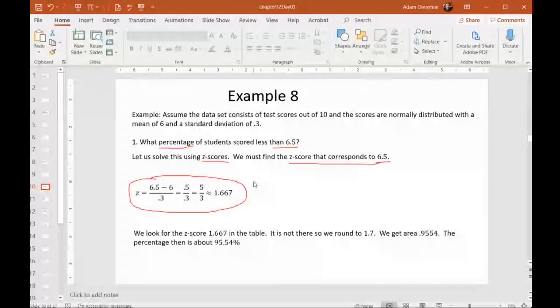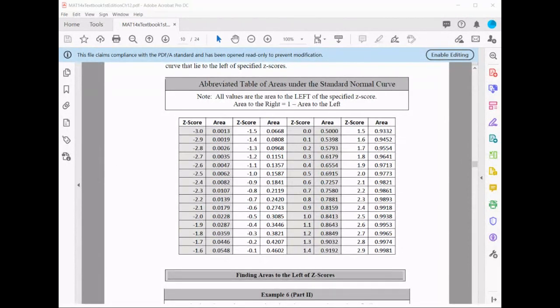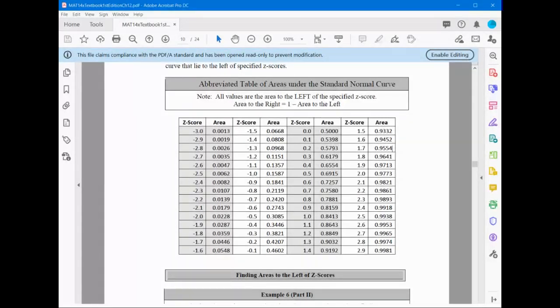You would see 1.6 and 1.7. So we have to round. 1.667 rounds to 1.7, and we see that we get 0.9554.